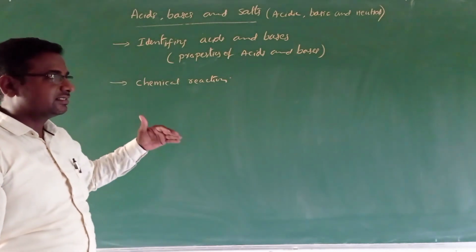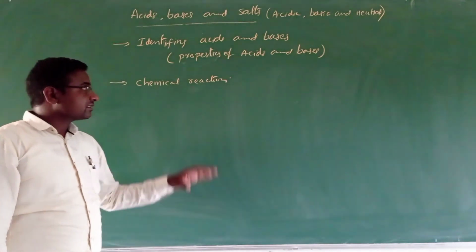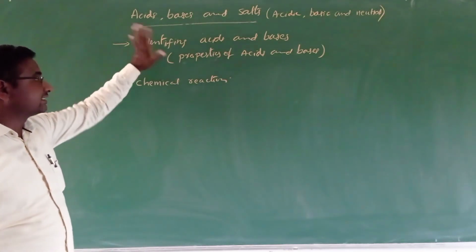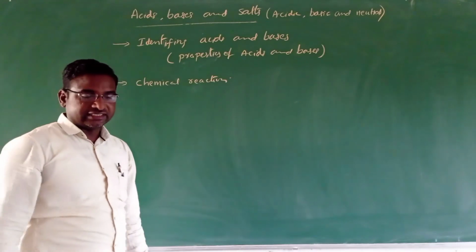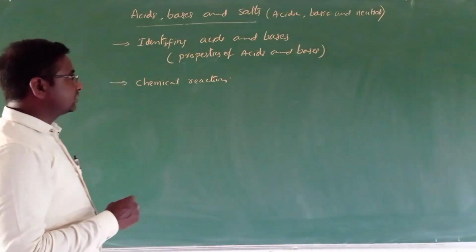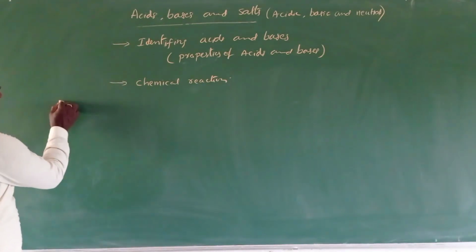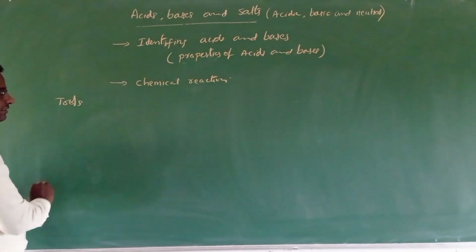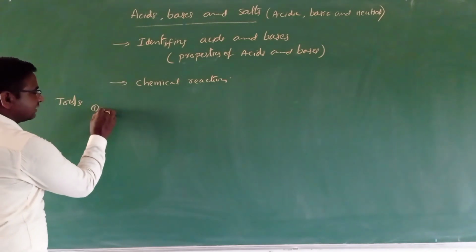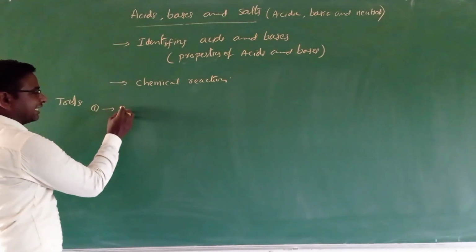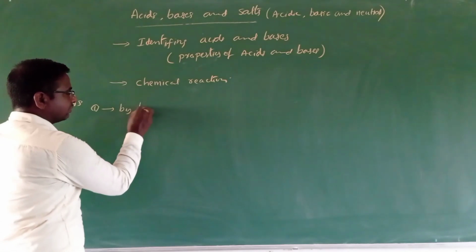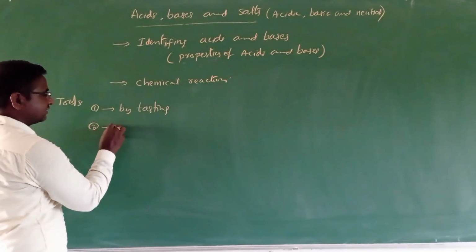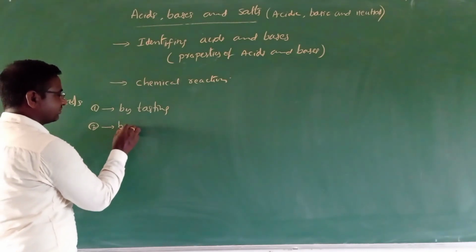But here we have some tools to identify acids and bases. Now let us see what those tools are. Number one is by tasting. The second one is by smelling.